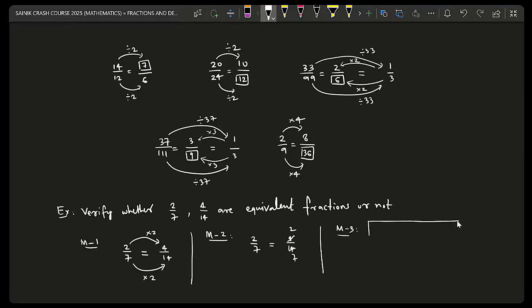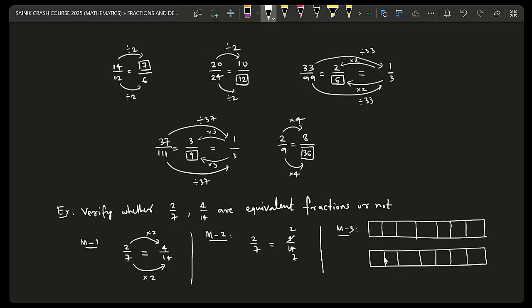You take a length object, same length object you take. First one you divide into 7 equal parts, and second one you divide into 14 equal parts.